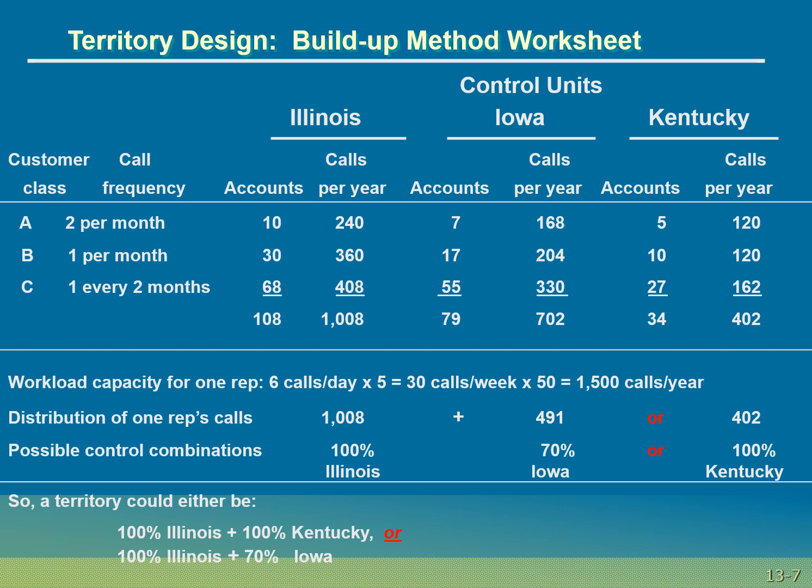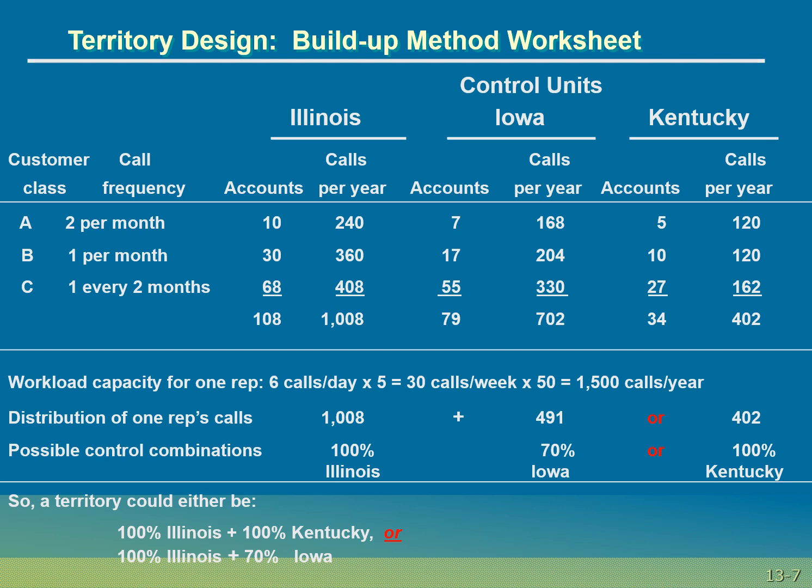So if you do that, 1,008 will cover 100% of Illinois, okay? 491 out of 700 gives you 70% coverage of Iowa, right? Or if you ask the sales rep to go to Illinois and Kentucky, you get 100% of Kentucky. All 402 are covered, okay?